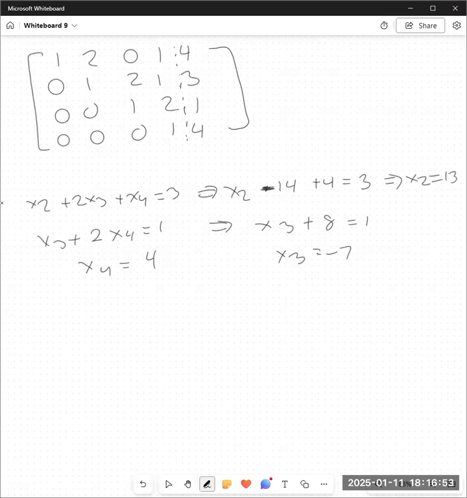And then we have x1 plus 2x2 plus x4 is equal to 4. So that's x1 plus 26 plus 4 is equal to 4. So that is x1 is equal to 4 minus 30. That's -26.